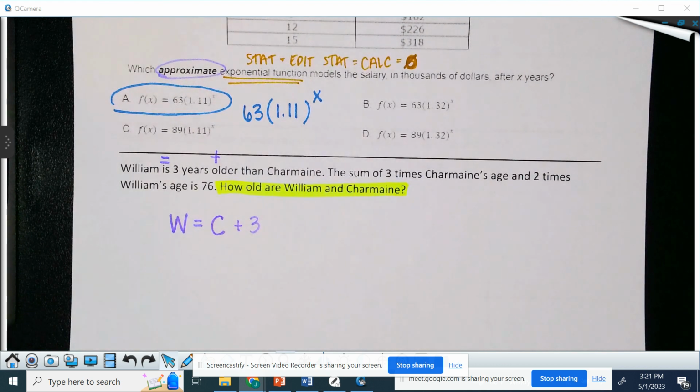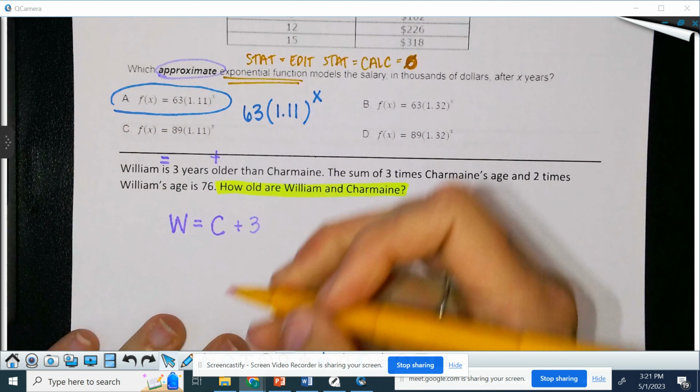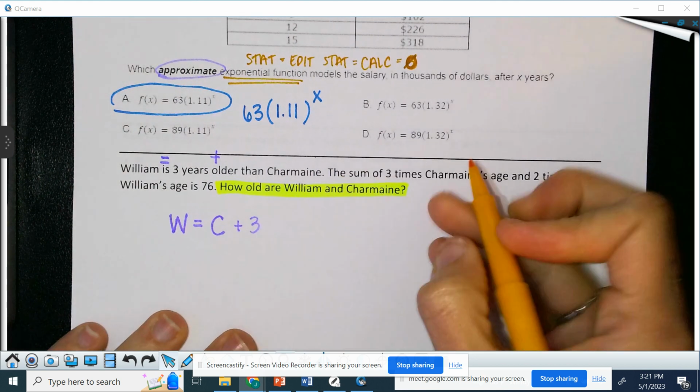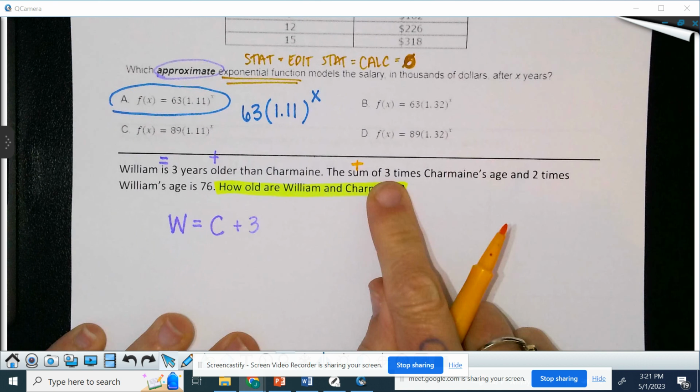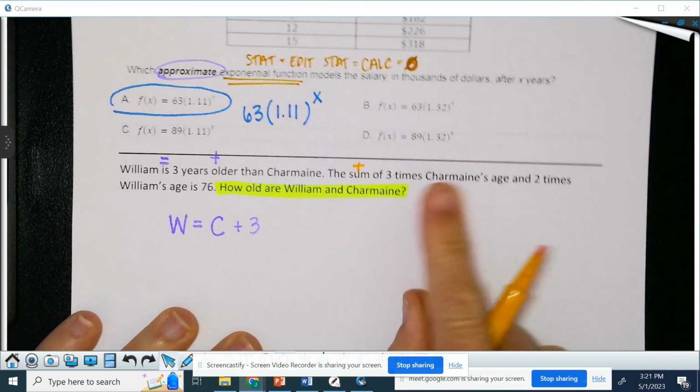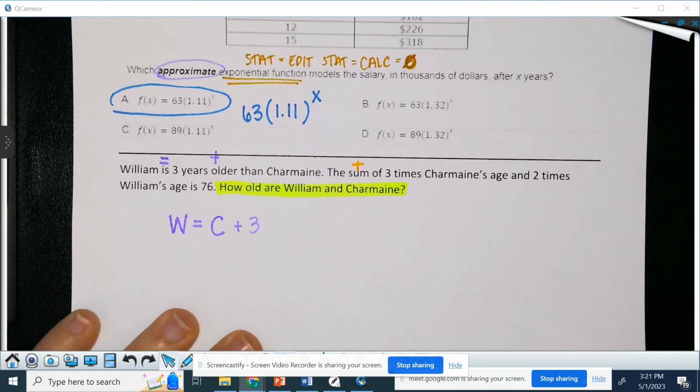Okay, we're going to look at this second sentence. The sum, which means we're going to do what operation? Add. Good. So we're going to add the sum of 3 times Charmaine's age. So what operation does 3 times mean? The word times means, good, multiply.